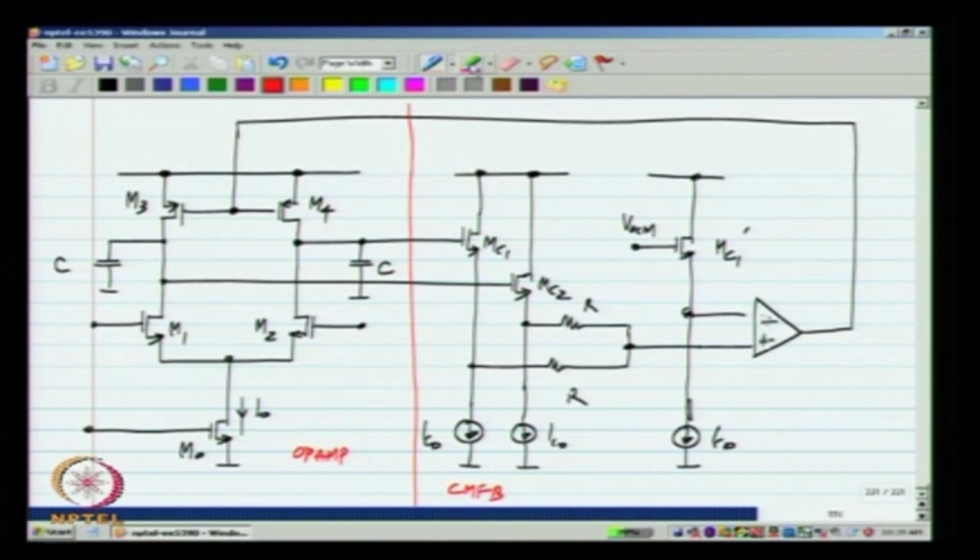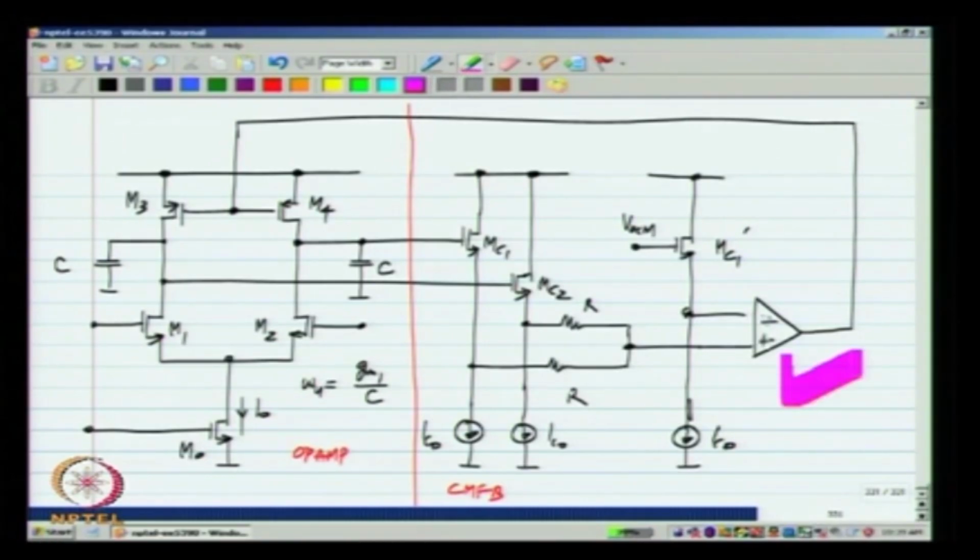Okay. And this implements a fully differential single stage op amp with a unity gain omega u equal to GM1 by C and a DC gain, which is the GM of this transistor divided by the sum of GDS of these two transistors. Okay.